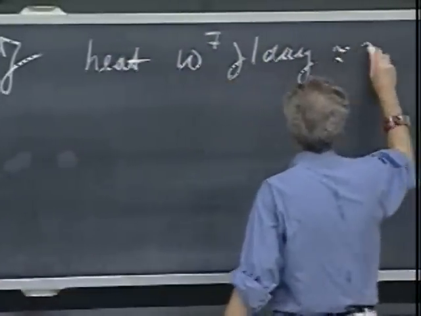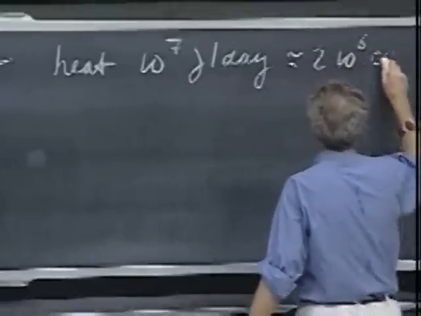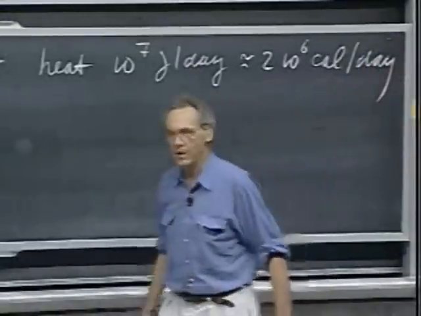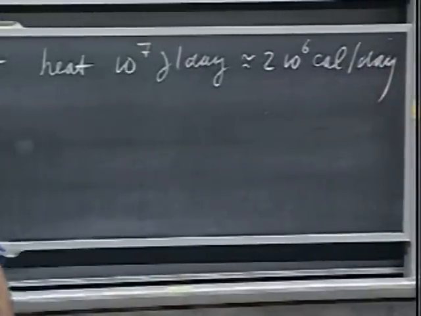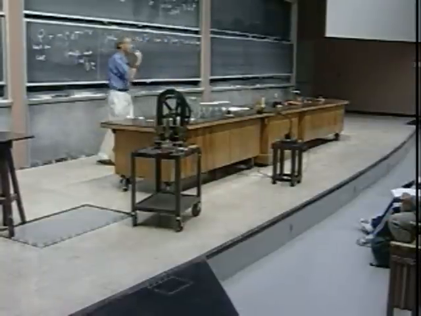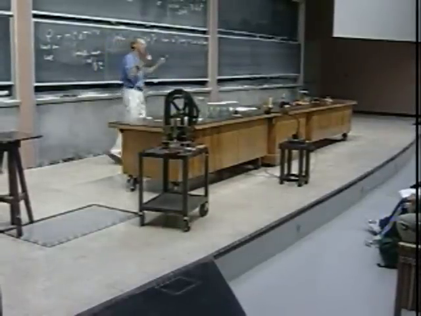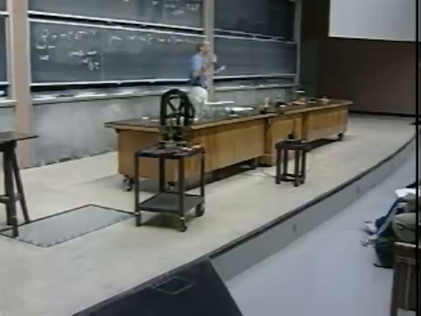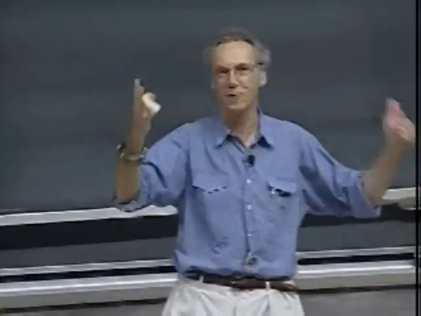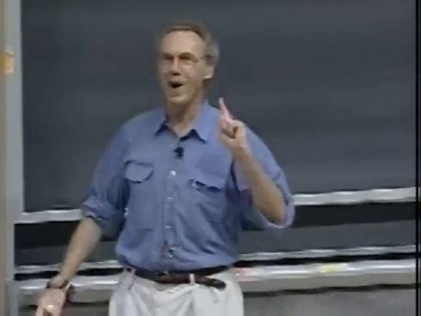And that is about 2 million calories per day. Where does the body get it from? Food. You better eat 2 million calories per day. Now I can see some of you turn pale and green and purple and say, over my dead body, 2 million calories per day, you must be out of your mind. Well, not quite.